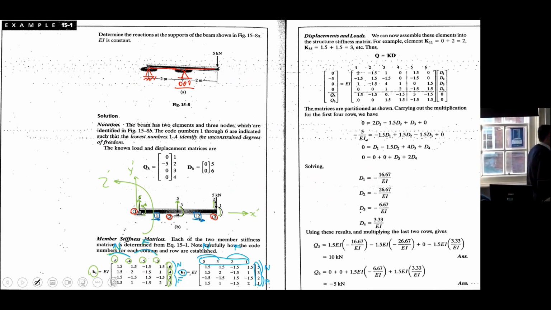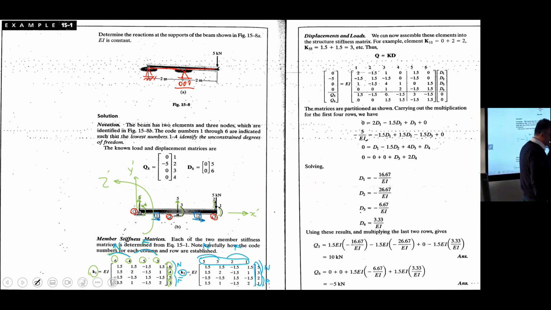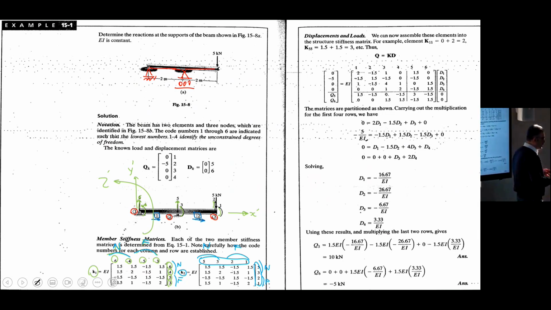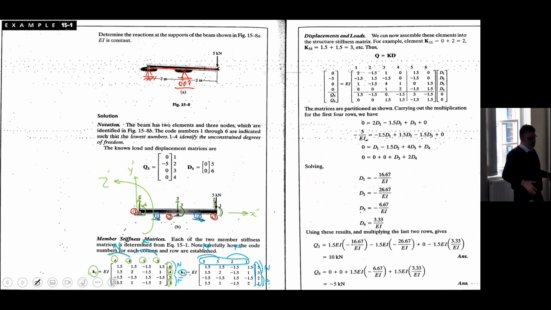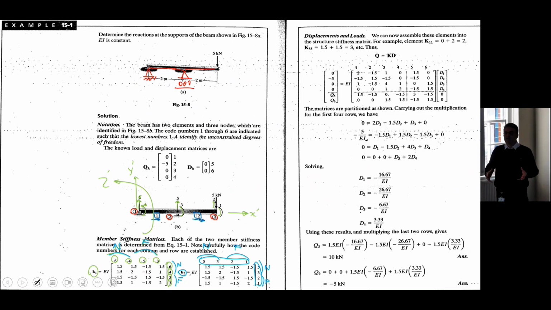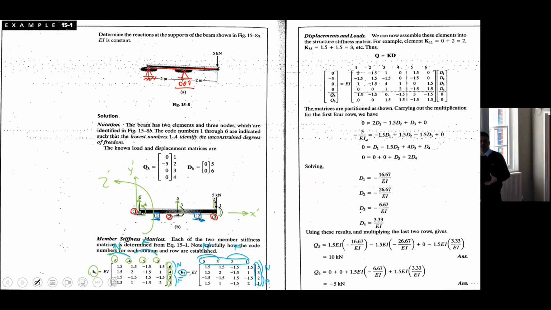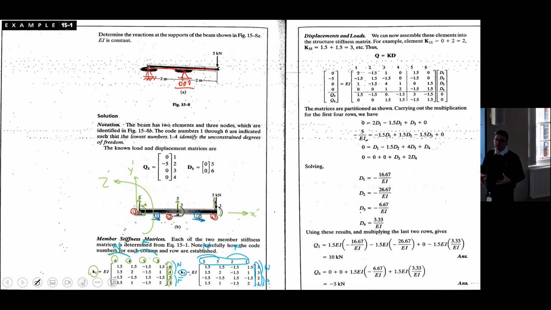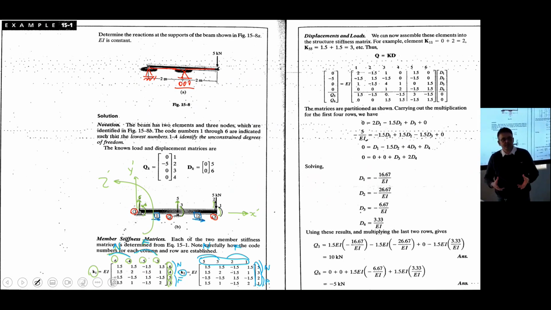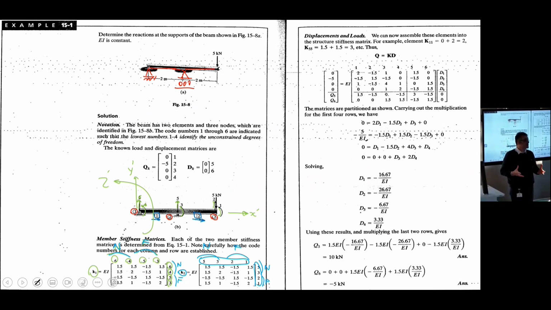When you assemble your stiffness matrices, you can assemble the whole structure stiffness matrix. What kind of dimension should the whole structure stiffness matrix have? When I'm talking about the whole structure stiffness matrix, it doesn't mean for a specific element, it means for the whole structure. The whole structure has 6 degrees of freedom, isn't it? So the dimension of your whole stiffness matrix should be exactly equal to the whole degrees of freedom.